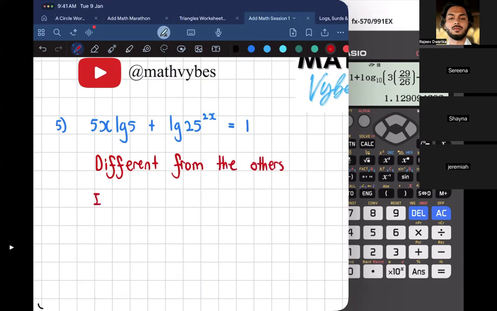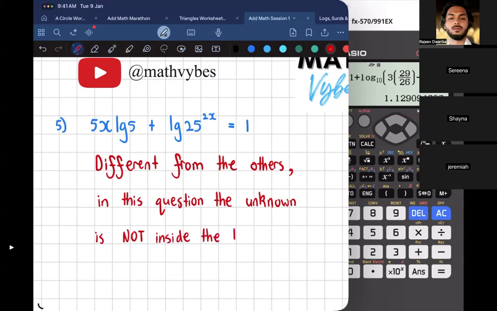In this question, the unknown is not inside the log function.